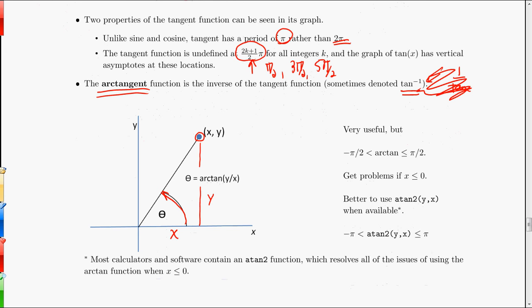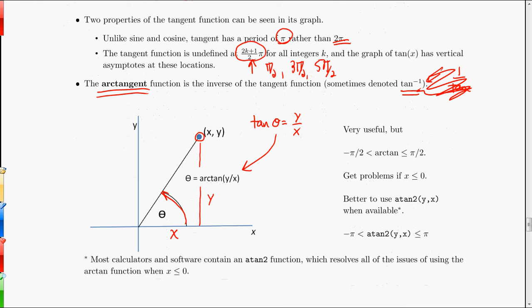I don't necessarily know the hypotenuse; I can calculate it. But what I do know is that the tan of theta equals y over x, right? So if I just use the inverse, I can get theta. Theta is the arctan, or the tan inverse, of y over x.